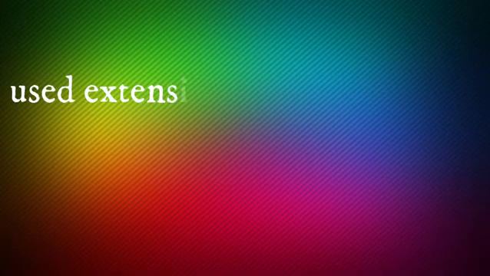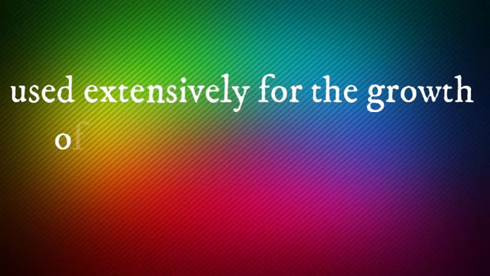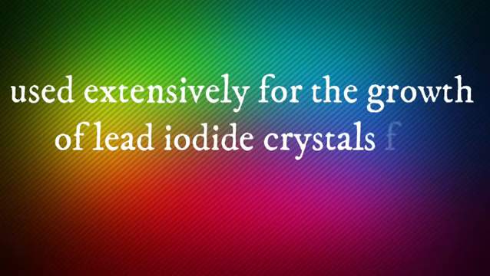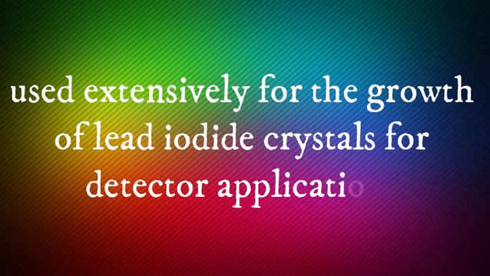The Bridgman crystal growth is perhaps the simplest melt technique, and it has been used extensively for the growth of lead iodide crystals for detector applications. The primary advantage of the Bridgman technique is the ease of implementation and the fact that material with a low melting point is very suitable for this technique.